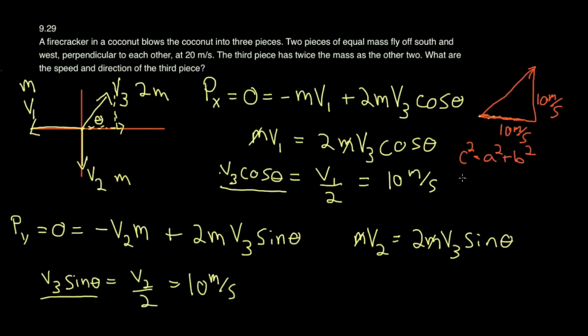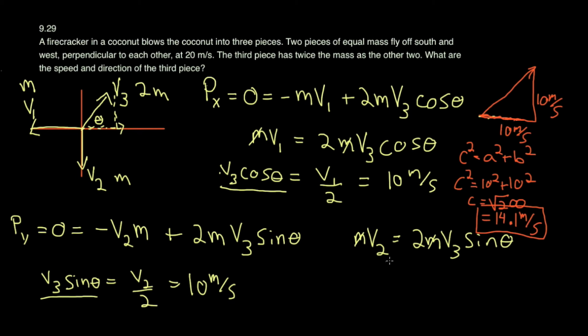And so now c squared is equal to 10 squared plus 10 squared. So c is equal to the square root of 200, which is equal to 14.1. This is going to be meters per second, right? So that right there is going to be the speed that the third piece shot off at.